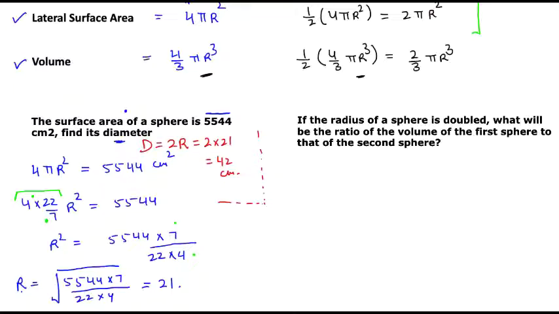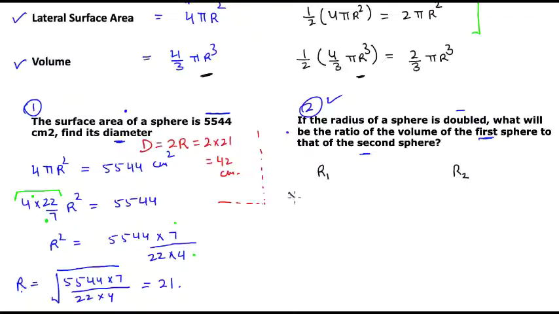Take a look at the second problem now. This was problem 1, and now you are at the second problem. If the radius of a sphere is doubled, what will be the ratio of the volume of the first sphere to that of the second sphere? So let's say the radius of sphere 1 is r1 and the radius of sphere 2 is r2.